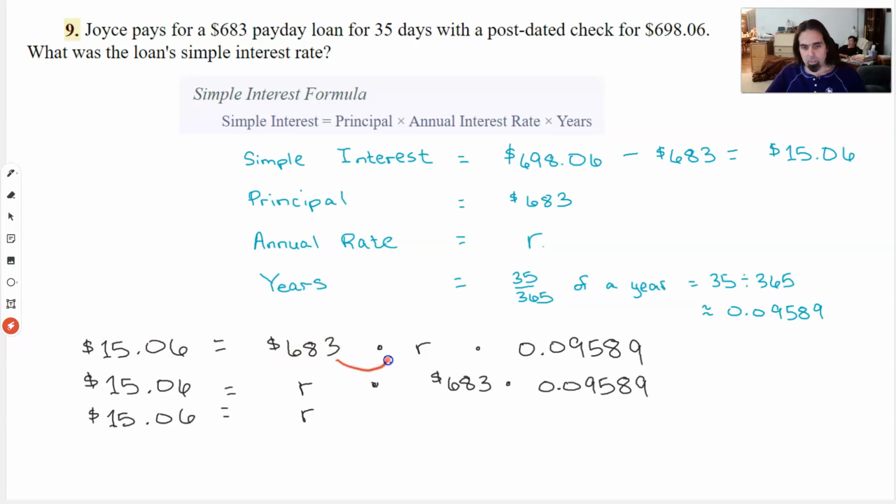The first trick we did was to switch the order of the 683 and the R. The next trick is we're just going to do this multiplication, combine all of these into one number.